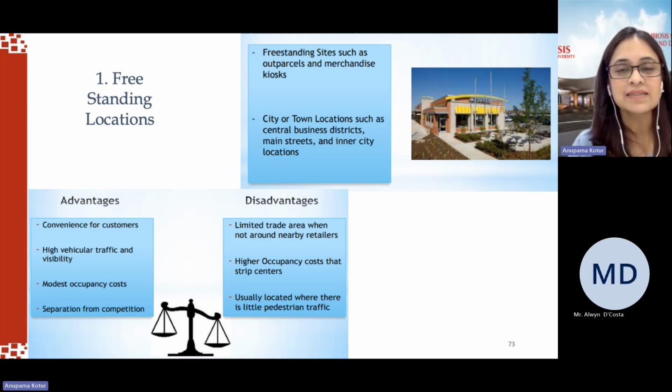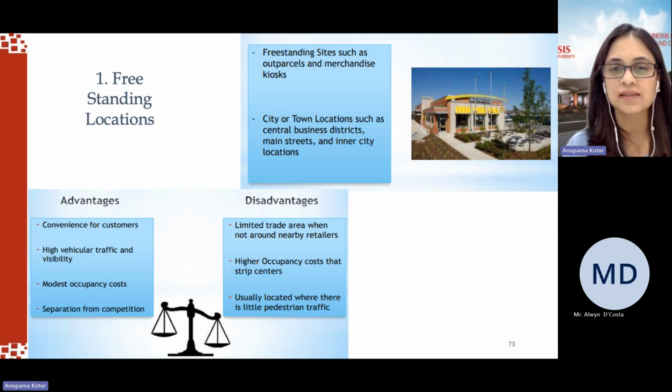But of course, when they entered the Indian market, things were set to really change for IKEA because this model didn't work. And then they were forced to look at smaller outlets within the city limits to cater to the Indian audience. That discussion is for a little later, but freestanding sites are outparcels, usually where your stores are located.